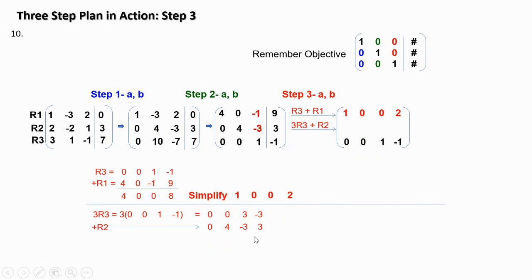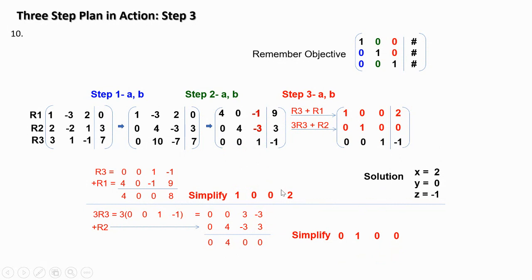Row 2 is 0, 4, negative 3, 3. So after we add them, we get 0, 4, 0, 0. We divide everything by 4. So this is my new row 2, 0, 1, 0, 0. We notice x equals 2, y equals 0, and z equals negative 1. I'm sorry about that. So these are my solutions.